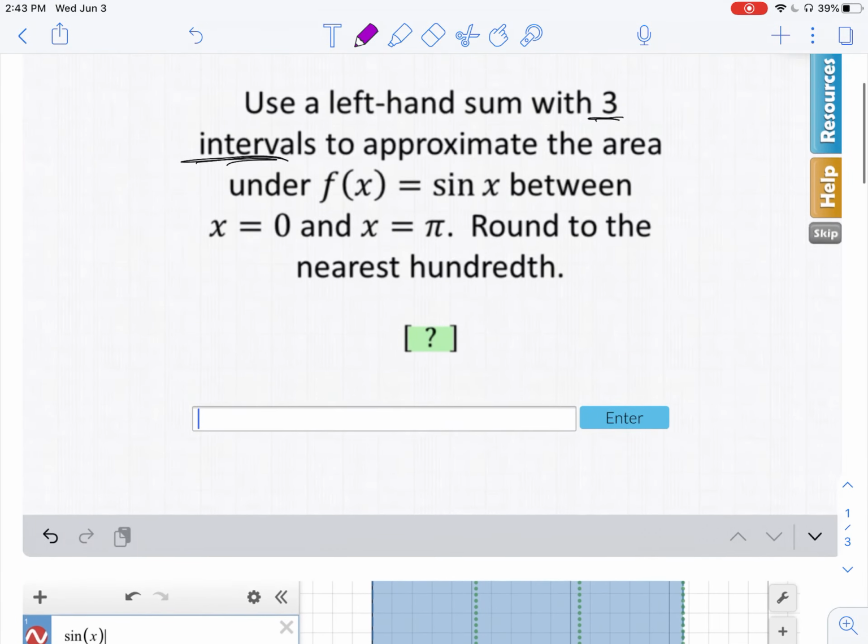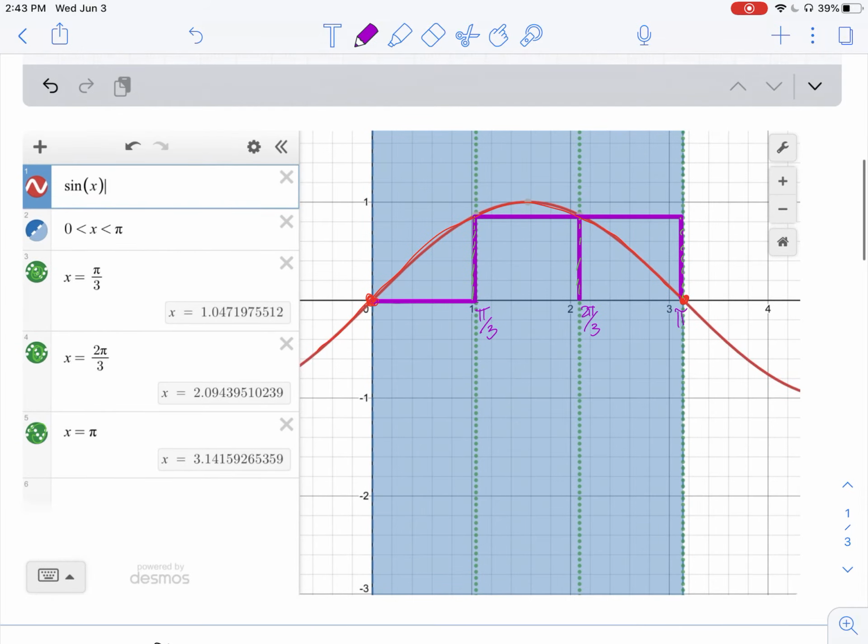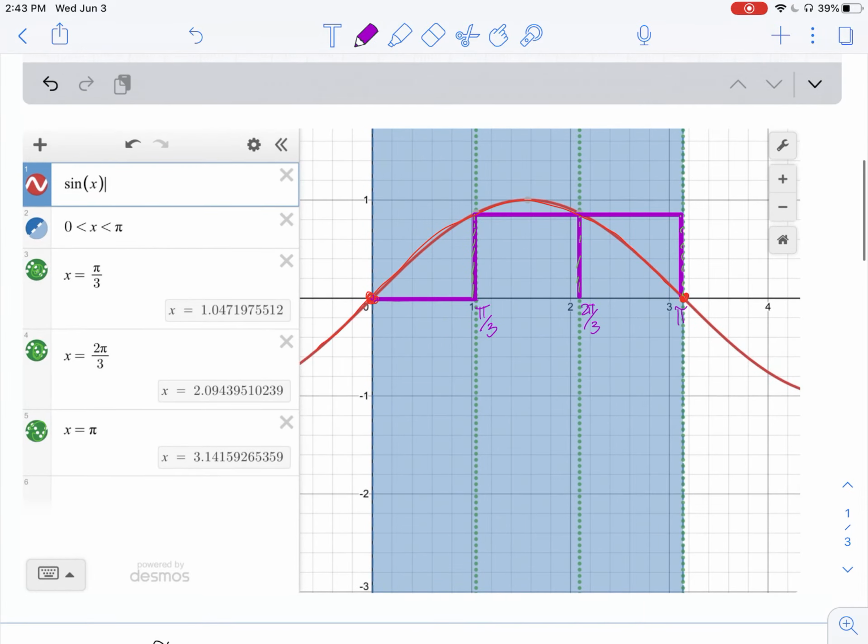And then from the example, it said left-hand sum. We're going to use a left-hand sum. So that just means if I start my first interval between 0 and pi over 3, well, this one has no height. This rectangle right here has a height of 0. So we know that that one doesn't even form a rectangle, or it forms a rectangle with a height of 0.